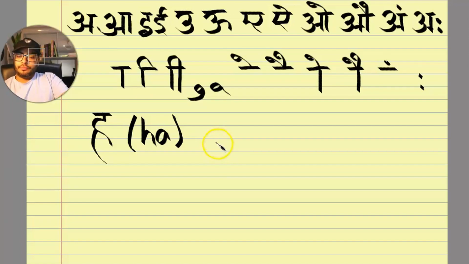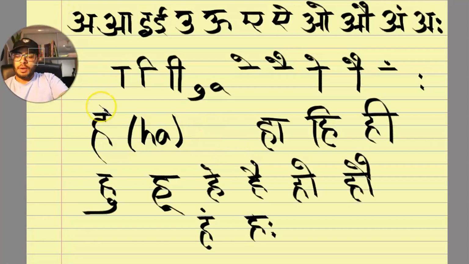And a Nepali word that uses this ha sound would be something like hera. Hera means see. Barakhari for this sound would be ha, ha, he, hu, he, hai, ho, hau, hum, ha.